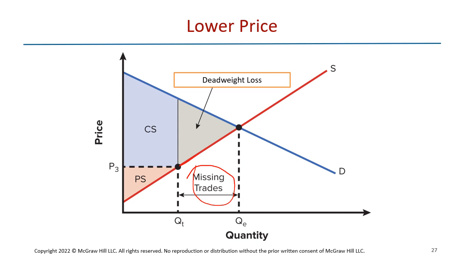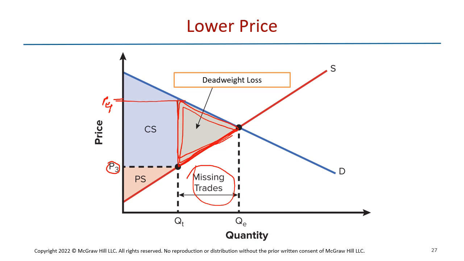Again, we can see it here, and this represents what your book correctly identifies as the missing trades. These are the people that would have been in this market, whether consumers or producers, depending on if this price point here was below equilibrium, or if we put it higher than equilibrium, it would cause the same effect. It would still cause this deadweight loss of individuals who have now left the market because the price has gone too high and they can no longer produce a good and make a profit, or it's gone too low and they can no longer produce a good to make a profit, or it's gone too high and they can no longer afford that item.